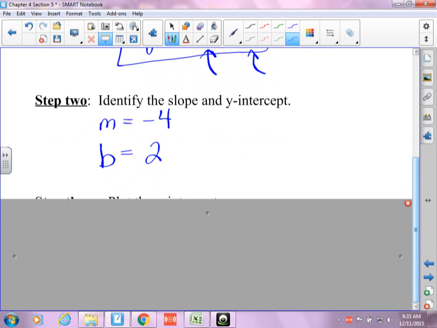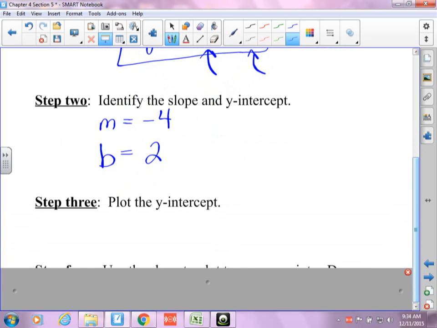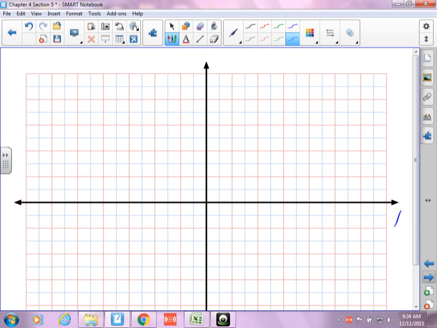Okay, and then the next step is to plot the y-intercept. So my y-intercept is 2. Let's go to my graph, and I'm going to show you how this works. The y-intercept, the y is 2, so I'm going to find 2 on my y-axis and put a point right there.